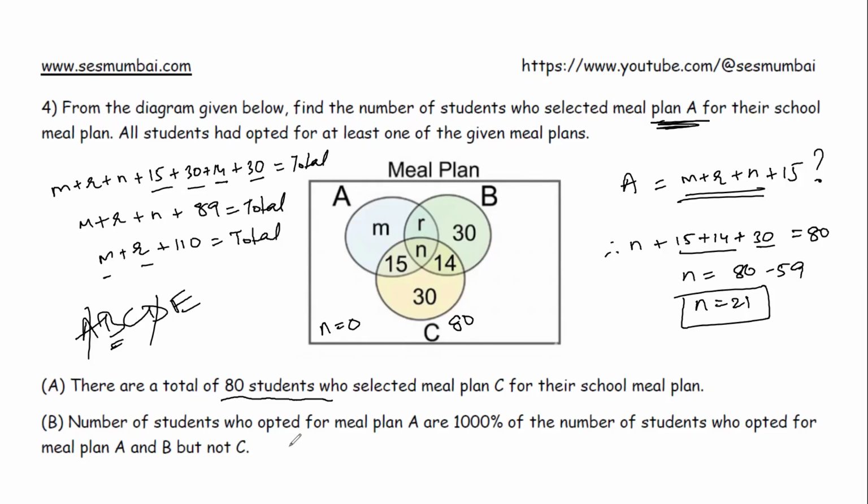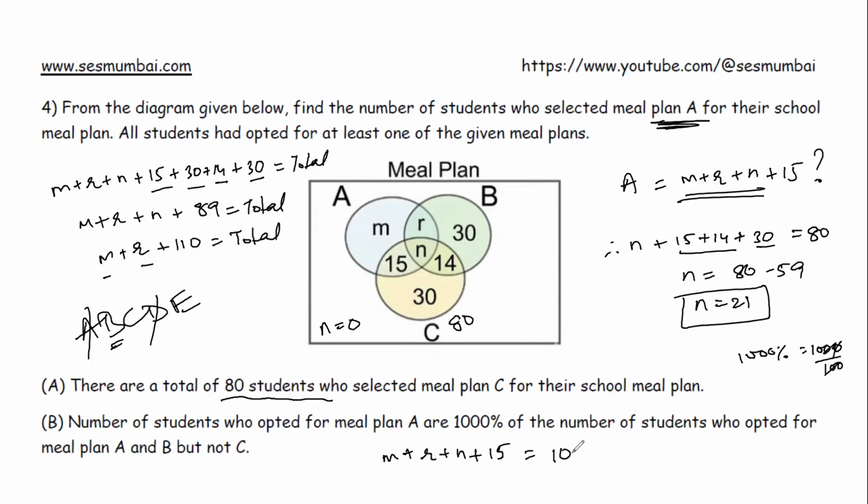The number of students who opted for meal plan A are 1000% of the number of students who opted for meal plan A and B, but not C. So the number of students who opted for meal plan A is M plus R plus N plus 15. Right now we're only looking at statement B, so I'm not taking N as 21, which we found from A. Now remember, 1000% is 1000 over 100, so that's 10.